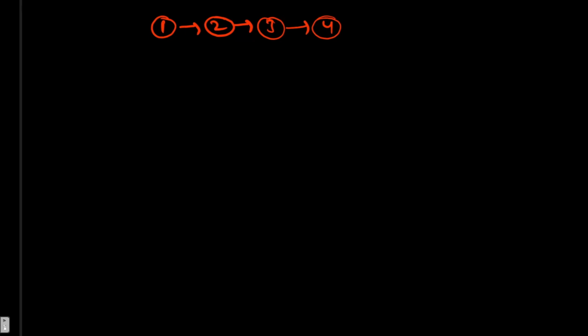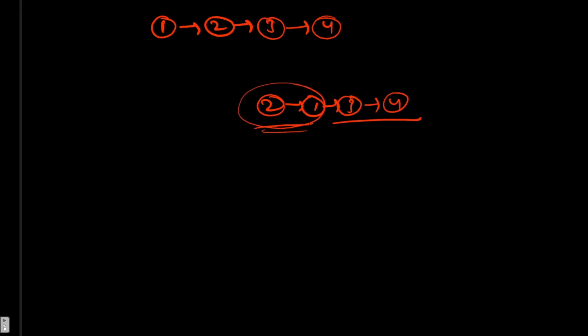So first we want 2 to be pointing to 1, and 1 should be pointing to 3 and then 4. Then in the next step we will be swapping these, 4 and 3. So at first we want this to be done. We will focus only on the first part, and the rest will be solved using recursion itself.